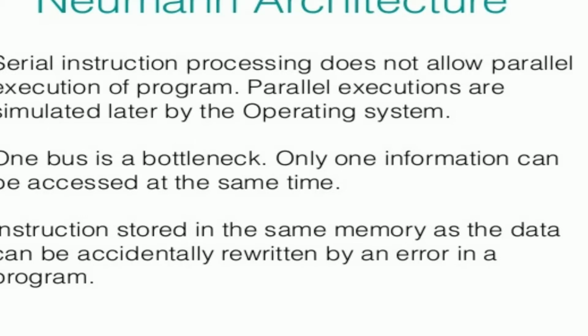And the third disadvantage: instructions stored in the same memory as the data can be accidentally rewritten by an error in a program. It means the data and instructions should be in the same place. If you are unable to get the data and instructions from the same memory, it will show an error. That is the disadvantage in Von Neumann architecture.